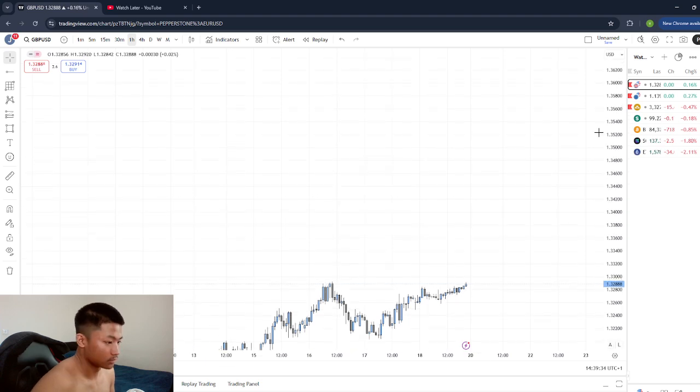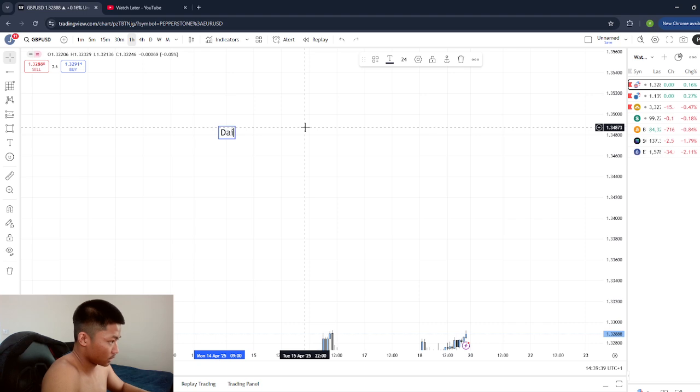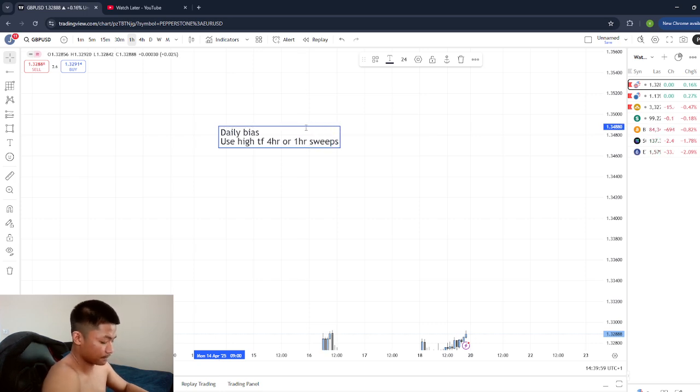So daily bias. Use high time frame, so possibly daily, but I say stick with the 4 hour or 1 hour sweeps, as well as using equilibrium.